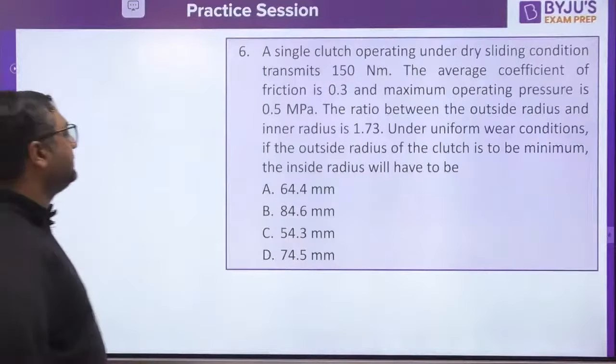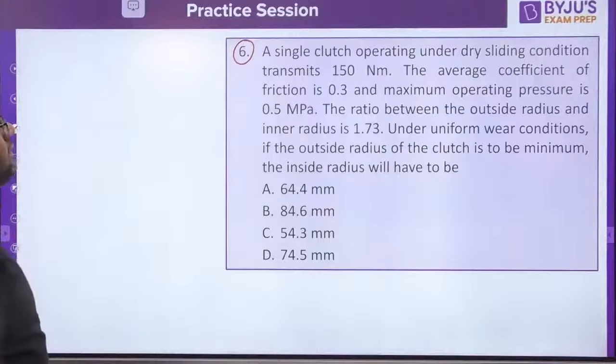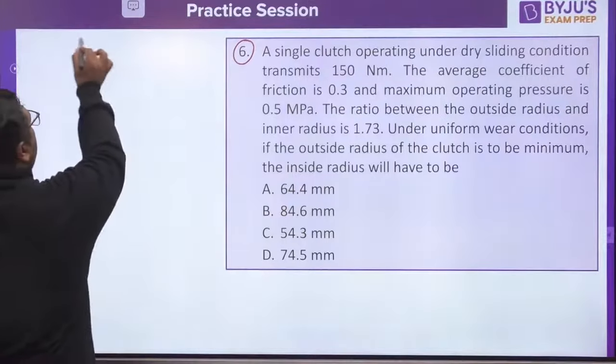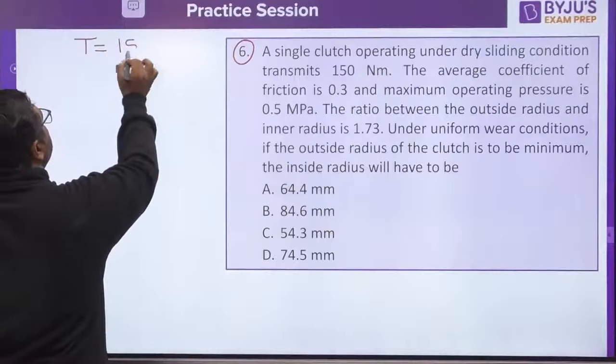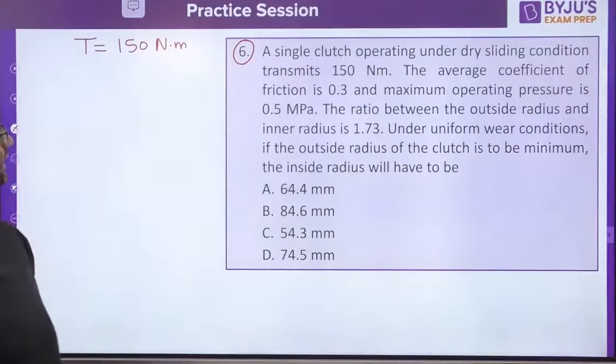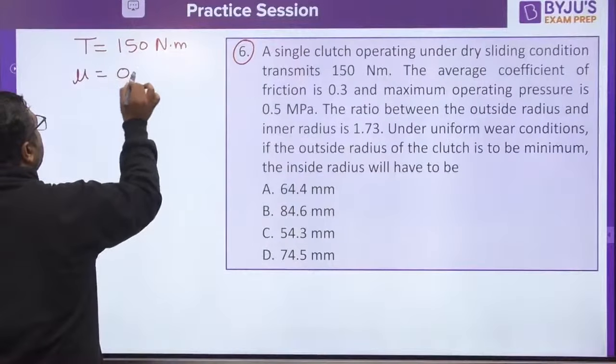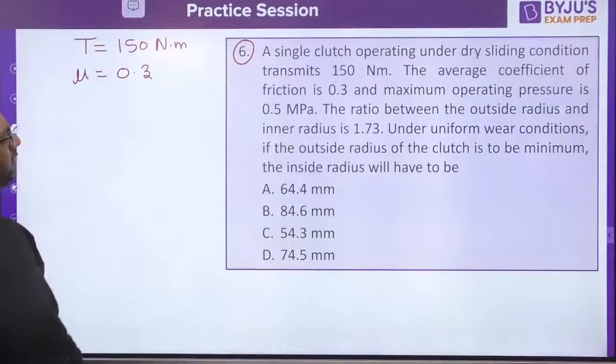Next question is 6. A single clutch operating under dry sliding condition transmits 150 Newton meter. So torque is given as 150 Newton meter. The average coefficient of friction is 0.3.